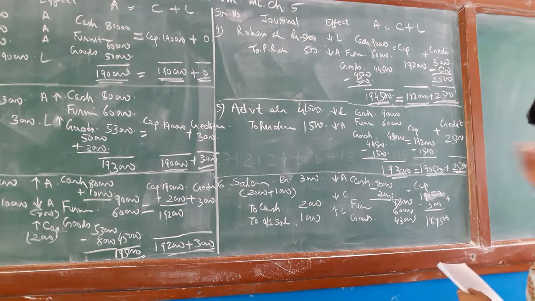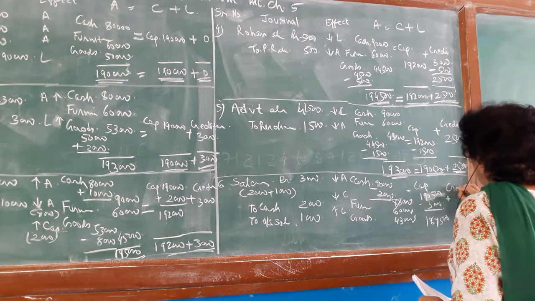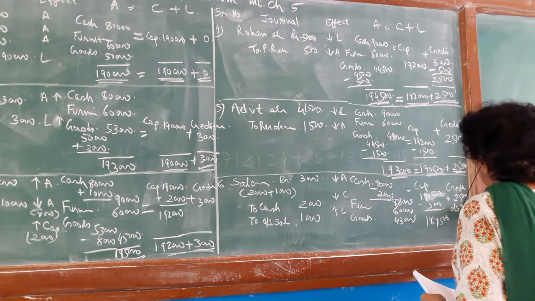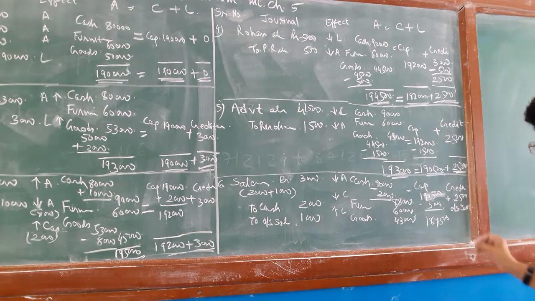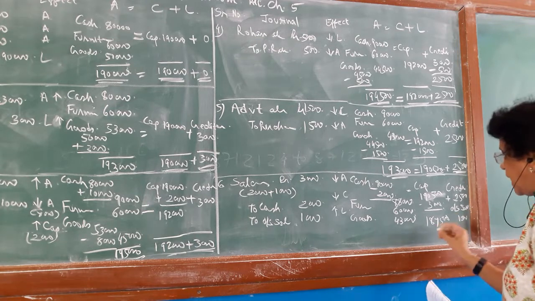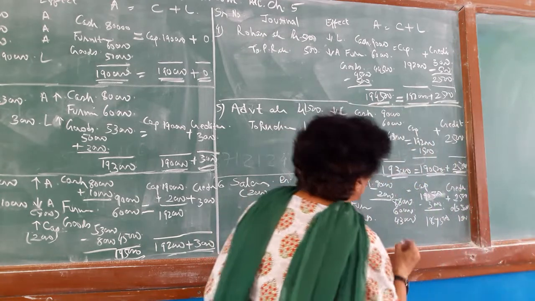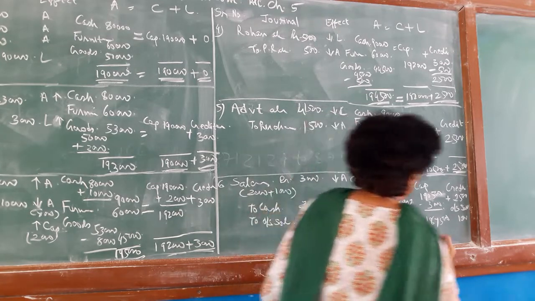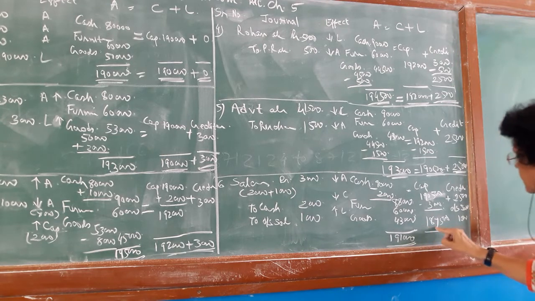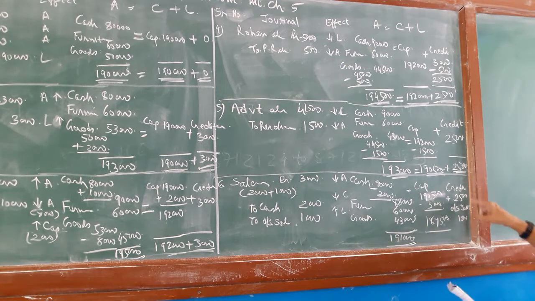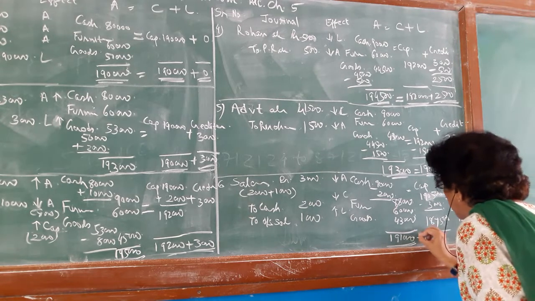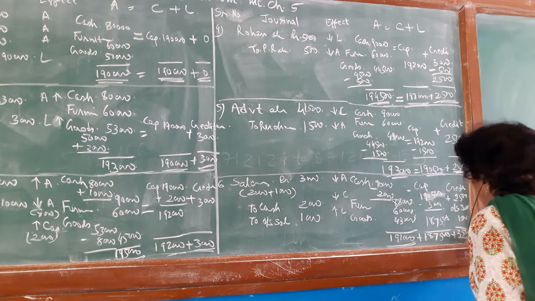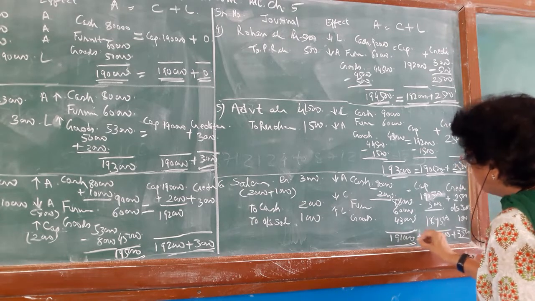Plus the creditors as they are, there is no change. Creditors you have 2,500, plus you have outstanding salary. Outstanding salary is your liability, so 1,000. So now the total of the asset side you have 1,91,000. Here of capital you have 1,87,500 plus here is the 3,500. So all your totals become equal.